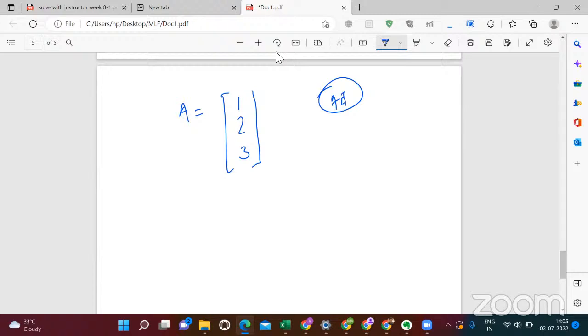It will be 100, and the others will be 0, right? If you are asked to calculate the eigenvalue, you can calculate directly. How? Don't do the full product. Try 1 cross 3 and then 3 cross 1, so that you get only one element, and that would be the eigenvalue.